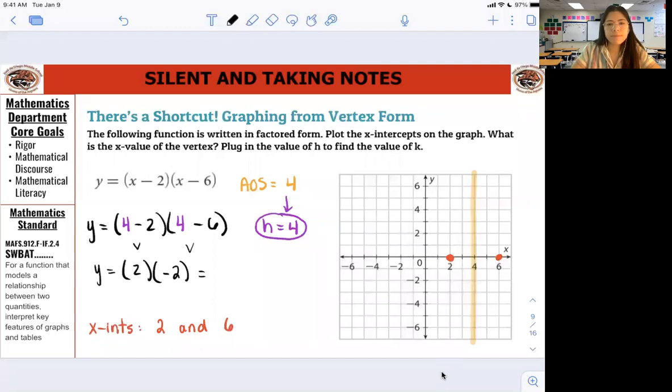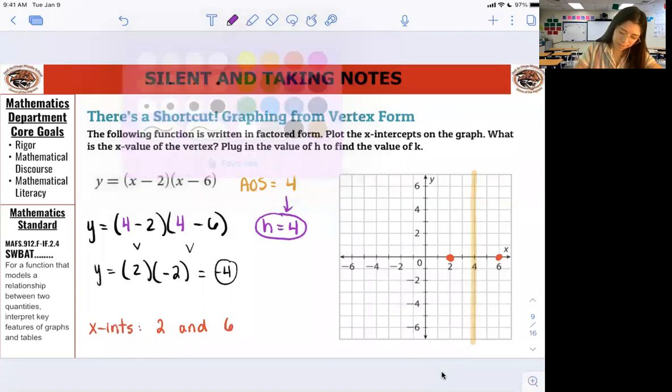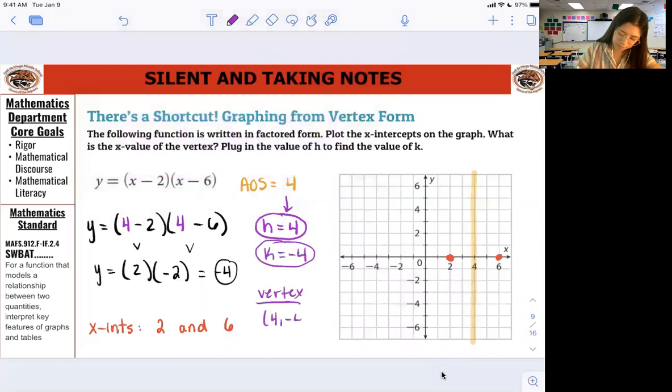It's -4. So there's my k. And now I have everything I need. My vertex is (4, -4). And I can graph it.